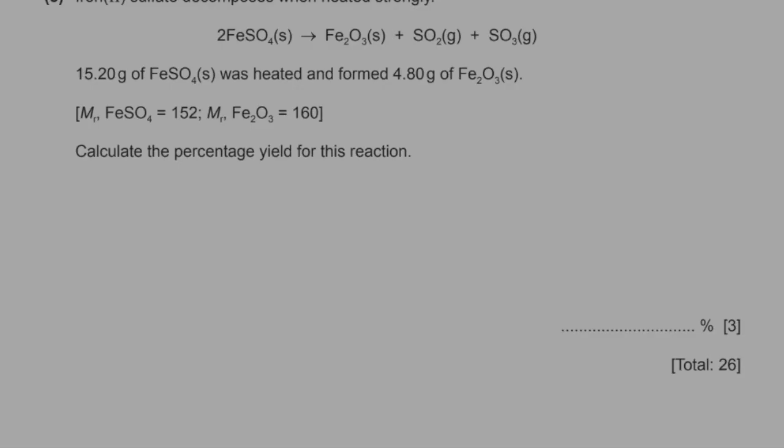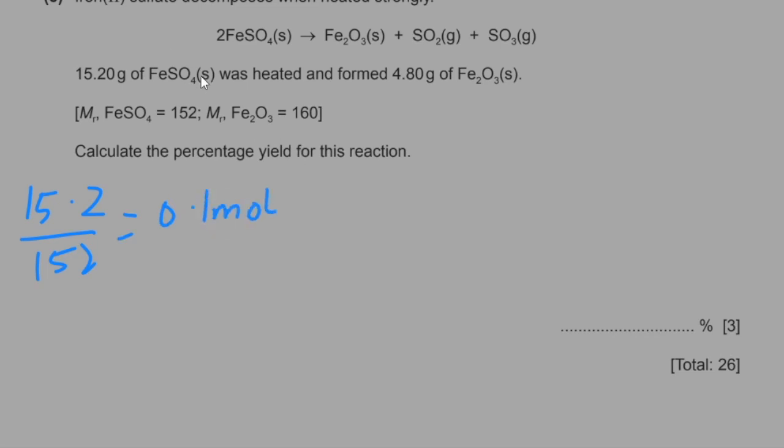So starting off with calculating the number of moles of the reactant, you have mass divided by the molar mass, which is 152, and this gives the answer as 0.1 moles. So you have 0.1 mole of the reactant, iron sulfate, decomposing, and as you can see in the equation, 2 moles gives 1 mole of the product that we are concerned with.